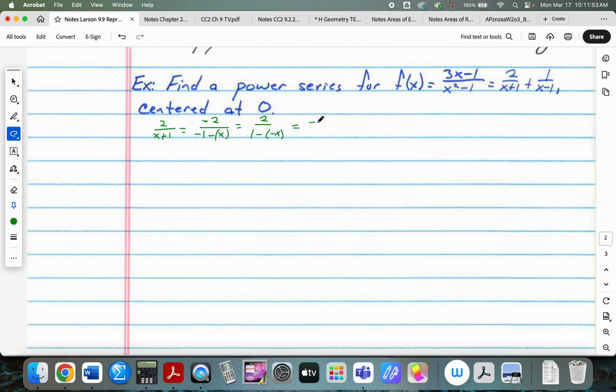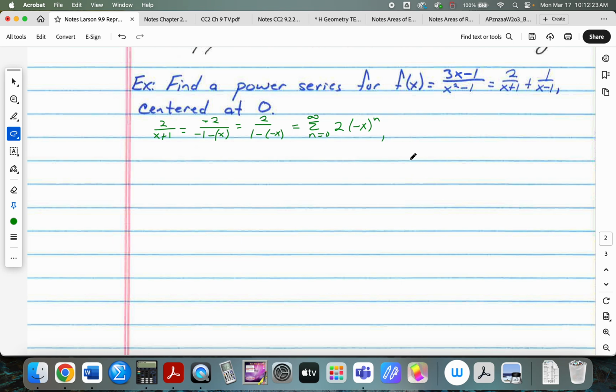Which is going to be equal to then the summation as n goes from 0 to infinity of 2 times negative x to the nth power, where r is the opposite of x. So this is centered at 0. I think you can see that that's going to go from negative 1 to 1, yes?